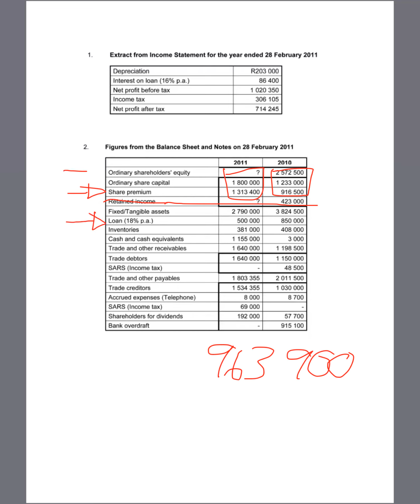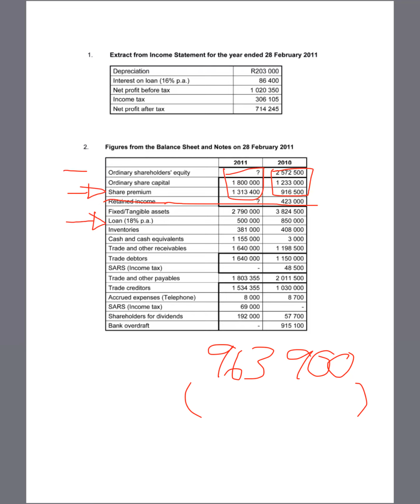What happened to it? It decreased. So are we going to put the amount in brackets or not? We're going to put it in the bracket. Why? Because it was an outflow of money, right? So we're going to say 850 minus 500.